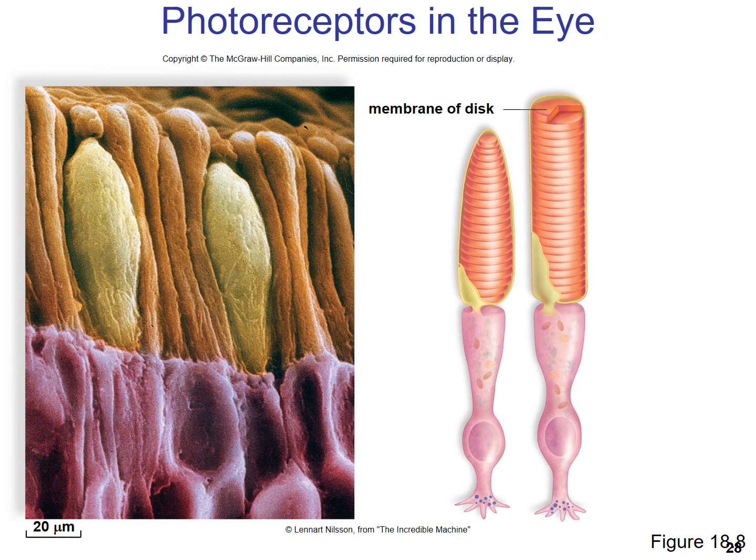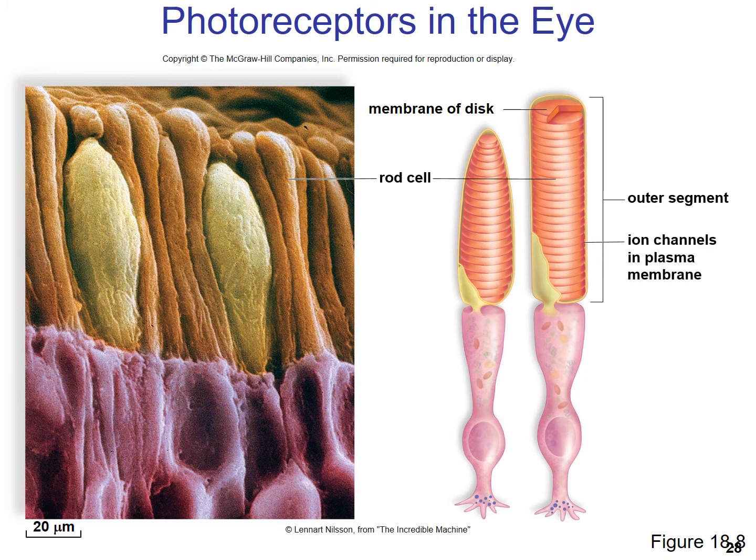So taking a look at the photoreceptors in the eye, that very first label shows you the membrane of the discs that are in rod cells. So there's a rod cell, and you can see again that they're much more numerous than the cone cells are. So rod cells consist of an outer segment, including these membranes, and these have got ion channels in their plasma membranes.